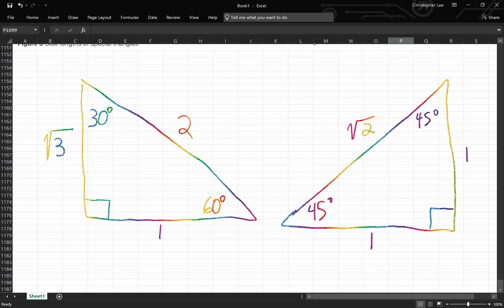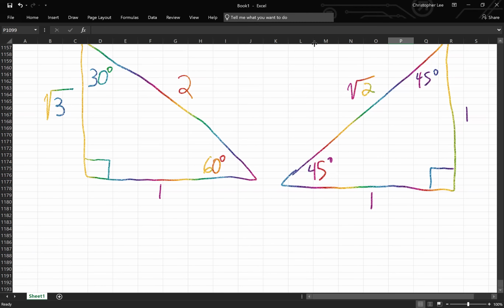This is something that you will need to memorize. Because what's going to come after this? I'm going to ask you random questions like, what is cosine of 60 degrees? And when I ask you what is cosine of 60 degrees, you're going to look at the 60-degree angle and you're going to do what? Adjacent over hypotenuse. So you're going to tell me, oh, cosine of 60, that's just 1 over 2.